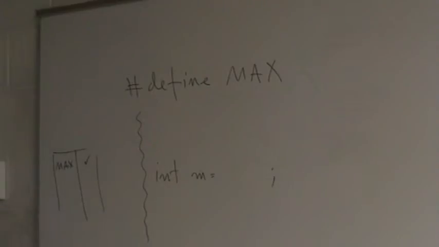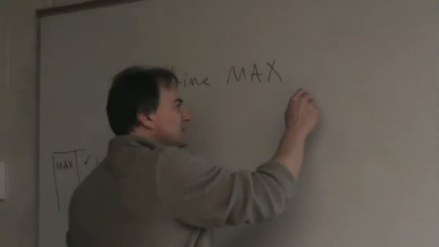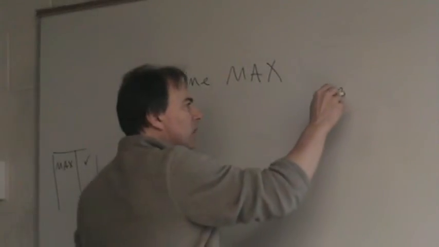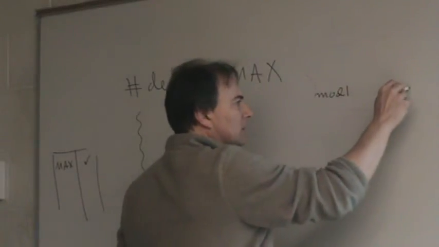Okay. All right. Now another preprocessor directive is the pound include. Pound include is like a Java import. Here's how it works. Typically, you're going to pound include header files. So let's say we have something called module 1 and module 2.